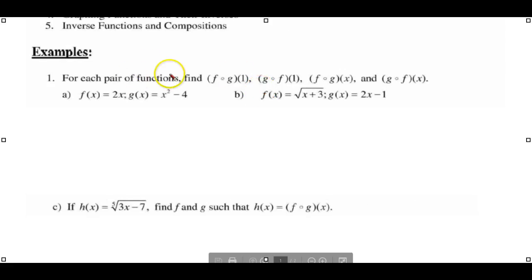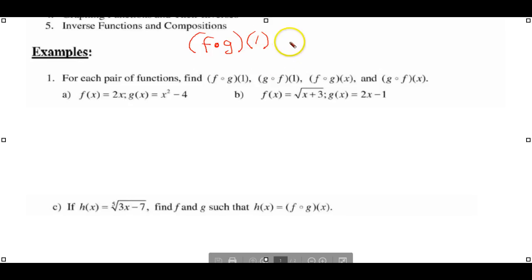The symbolism they're going to use looks like this, where we have in parentheses F, and there's a little circle, and then let's say a G, and this is read F composed of G, and then they give you a value 1.